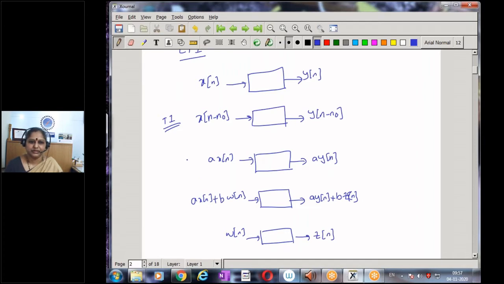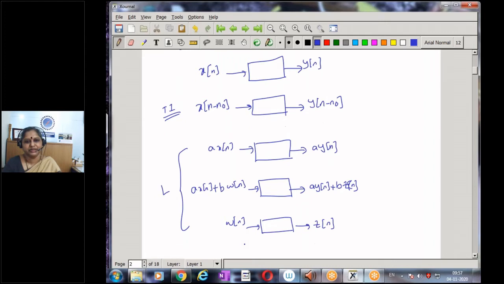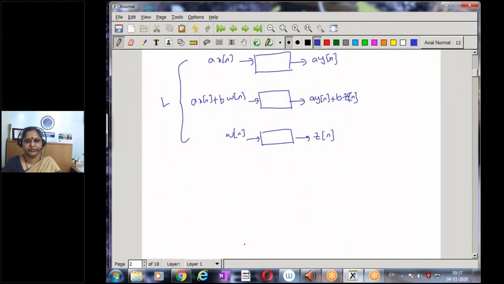So these constitute the linearity property, or the superposition theorem. It obeys linearity as well as the superposition theorem. So sum of two inputs will result in sum of the corresponding two outputs. Once we have these properties being satisfied, the system is said to be an LTI system. And these are the type of systems we are going to consider in this module.